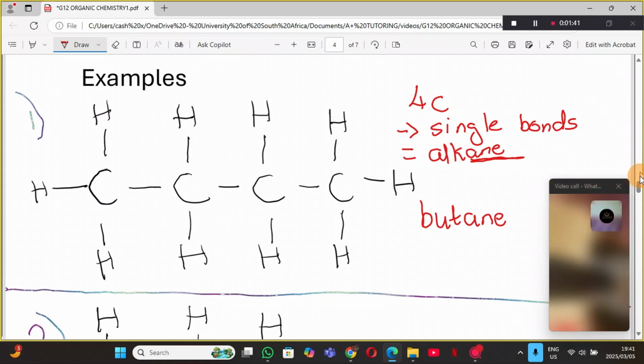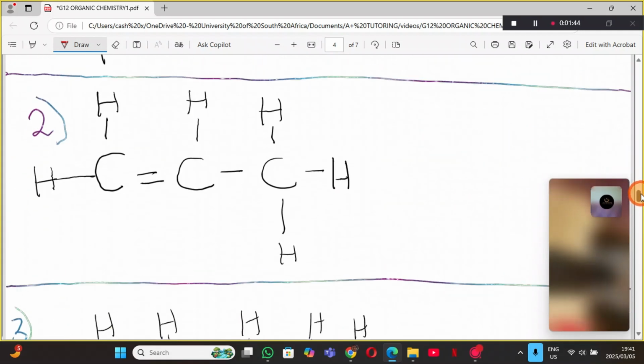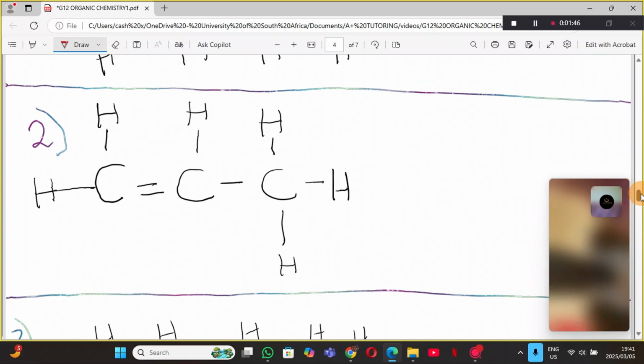So the second example, it's that. How many carbons do I have? 3 carbons. Do I have single bonds, double bonds, triple bonds? Double bond. Okay. And then do I have any branches? No branches, right?